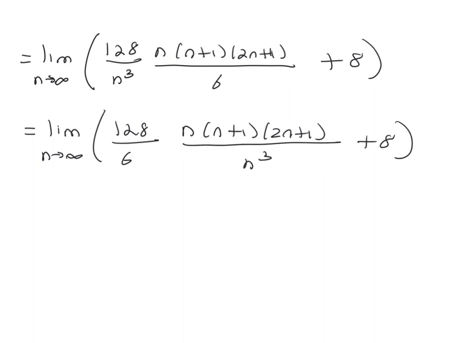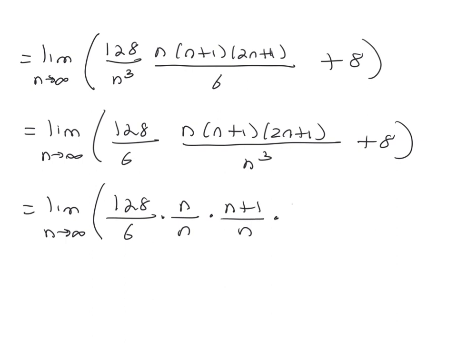The reason I'm doing this is I can write this as 3 separate fractions since I have an n cubed in the denominator. This is n divided by n, n plus 1 divided by n, and 2n plus 1 divided by n. So this is the limit as n goes to infinity of 128 over 6, n over n, multiplied by n plus 1 over n, multiplied by 2n plus 1 over n, all plus 8.